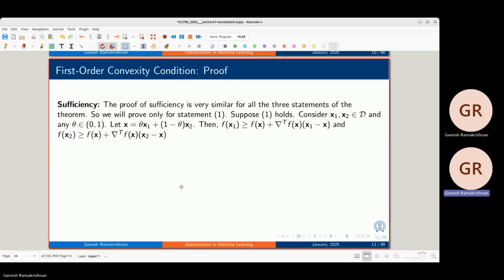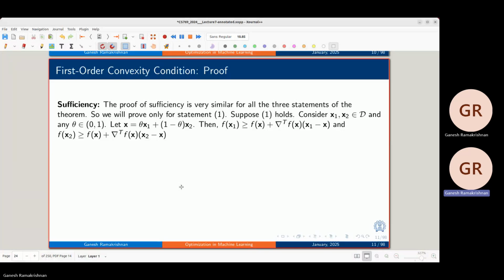What is x2 minus x? Substitute x as theta x1 plus 1 minus theta x2. What is x2 minus x? It is minus theta times x1 minus x2. This is the pure trick, right? Once I substitute, get these two inequalities, I add them up.